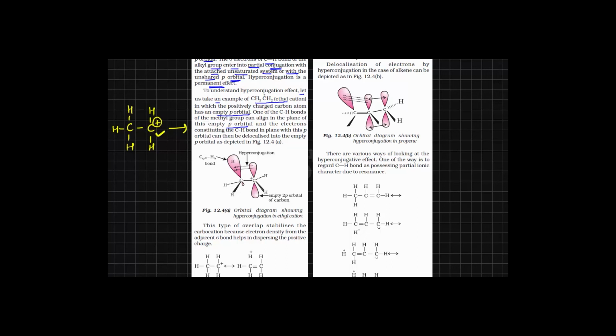Now, what will happen? The electrons constituting the CH bond in the plane of p orbital can be delocalized into empty p orbital as depicted. So, this is CH3 and this is sharing electrons with the empty p orbital of CH2 plus. This is CH2 carbon plus.